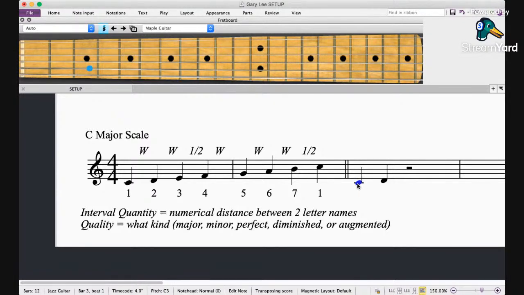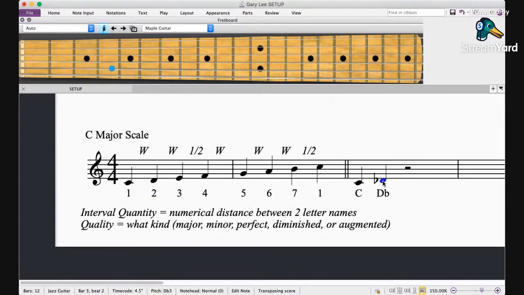So we've got the note C, the note D, and it's a whole step between them. Now, if I were to lower this by a half step, now there's a half step between C and D flat, and that would be a minor second.